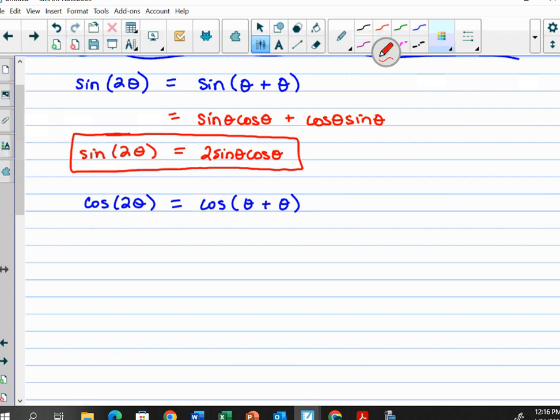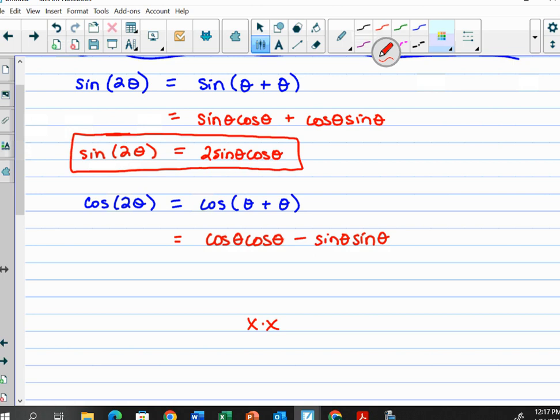That's going to be cosine theta minus what? Sine theta. It is not sine theta. All right, what is cosine times cosine? Yeah, what is x times x?